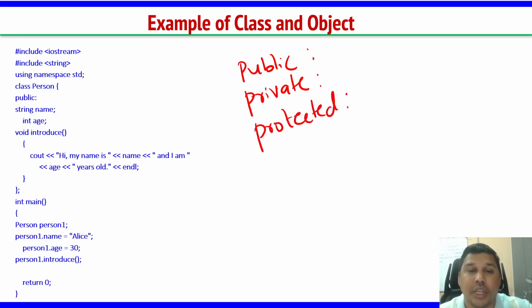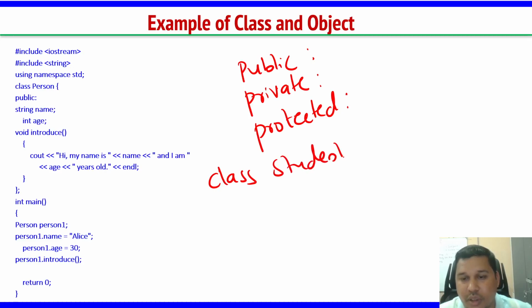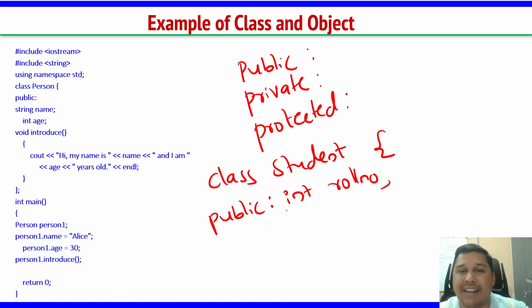When you create a class, for example class Student, inside this I will write public colon, int rollNumber. This is not a problem. I can have the roll number publicly available. Nobody can do anything with that. Then I will have private. I will put here int age.